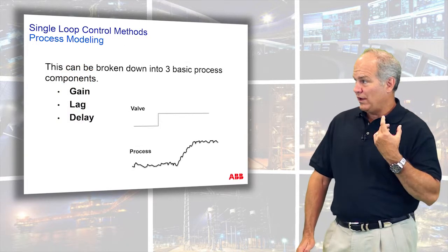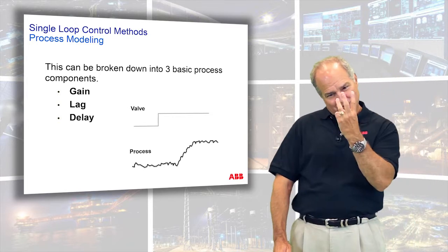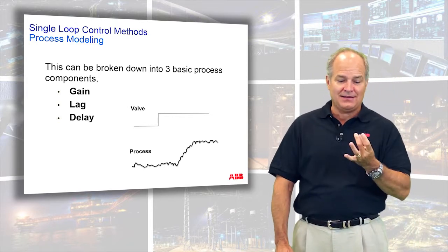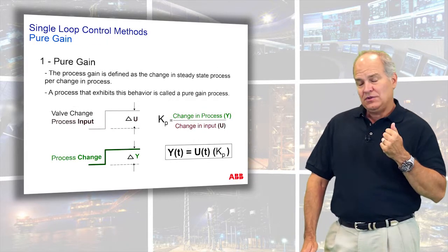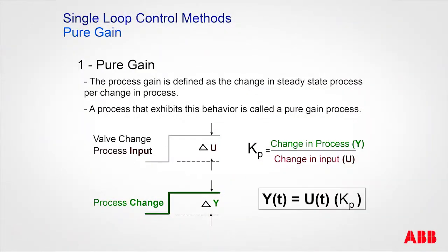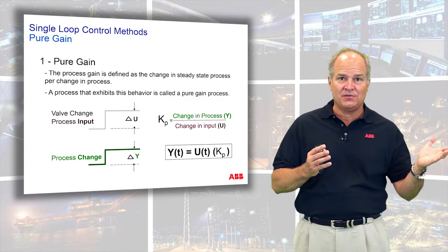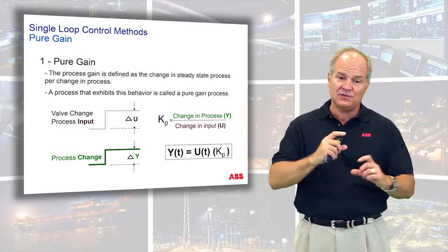So we have three parameters that we're looking at: gain, dead time, and time constant. So what do those look like? To recall or refresh, the pure gain is the change in measured value over the change in the output. It's what we covered before. It's how much it moved for a given change.